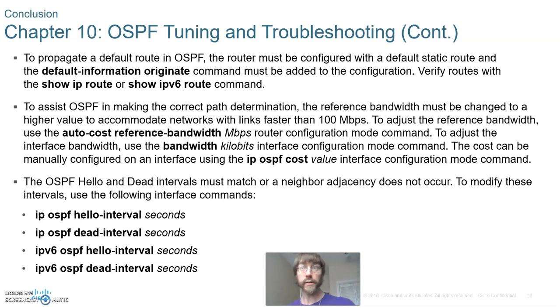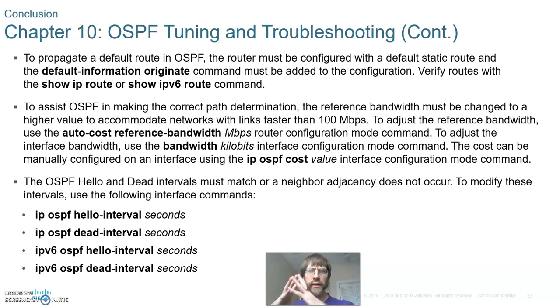And then, of course, if we want to tune our path determination, we have to think about what the reference bandwidth is. By default, the reference bandwidth on an OSPF router, even if it only has gigabit and 10 gigabit Ethernet links, is set to Fast Ethernet speed, which really doesn't help us.